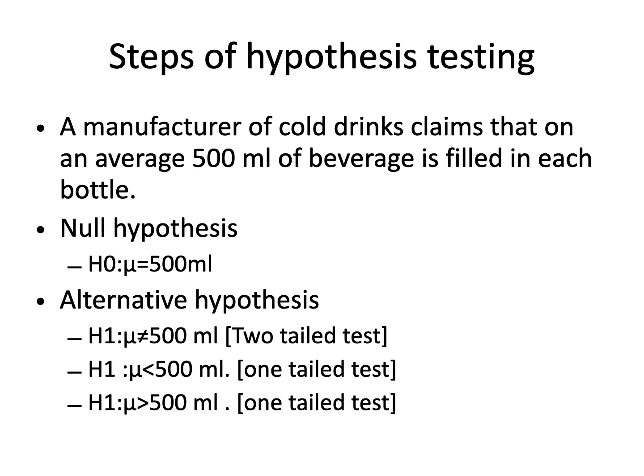Or there may be another scenario where the bottle contains on average less than 500 milliliters of the beverage, and it is a one-tailed test. Similarly, another hypothesis is where the bottle contains more than 500 ml of the beverage. When the alternative hypothesis has a not equal to sign, it is a two-tailed test, and when it has a less than or greater than sign, it is a one-tailed test.